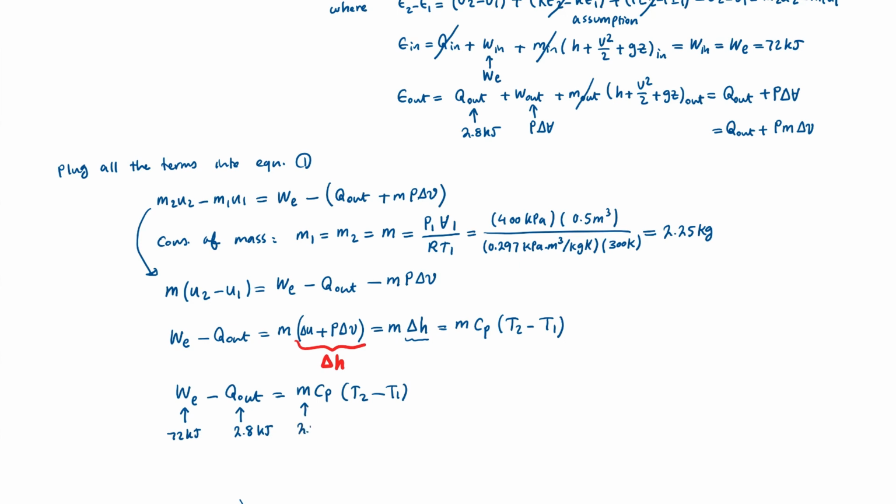It is 2.25 kilogram. Cp, I can simply read it from table A2. It is 1.039 kilojoule per kilogram Kelvin. Again, this is from table A2. T2, I'm interested in T2, and T1 is given in the problem, 27 degrees C. So one equation, one unknown, I can solve for T2. It is going to be equal to 56.7 degrees C.